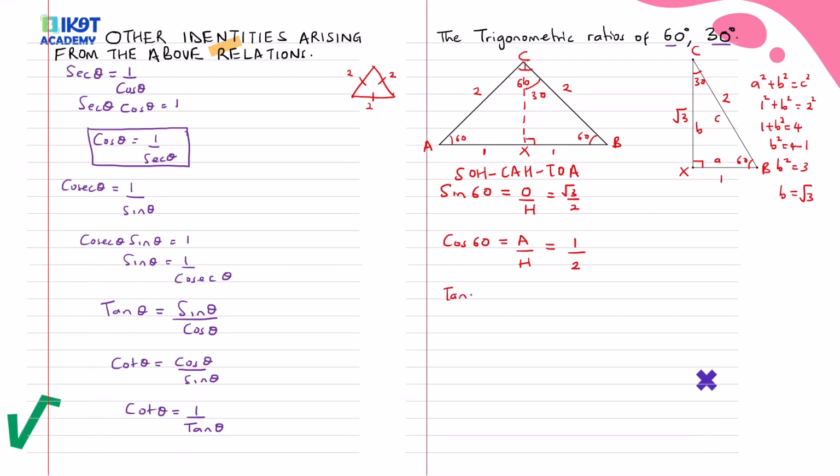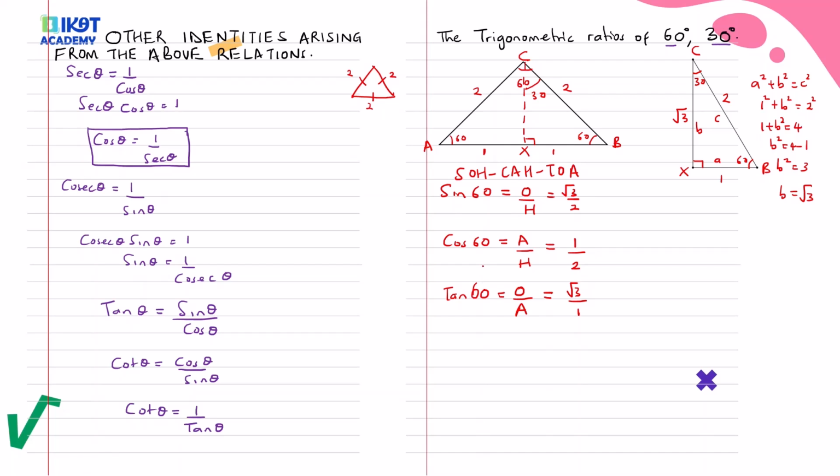Then the tan of 60 is going to be opposite out of adjacent. What's the opposite of this? Root 3 out of, what's the adjacent? 1. So you realize we found the trigonometric ratios of sine 60, cos 60, tan 60 without using a calculator.